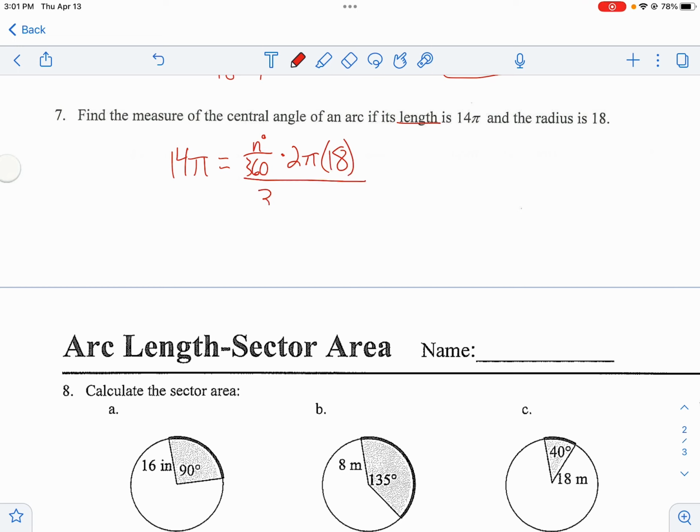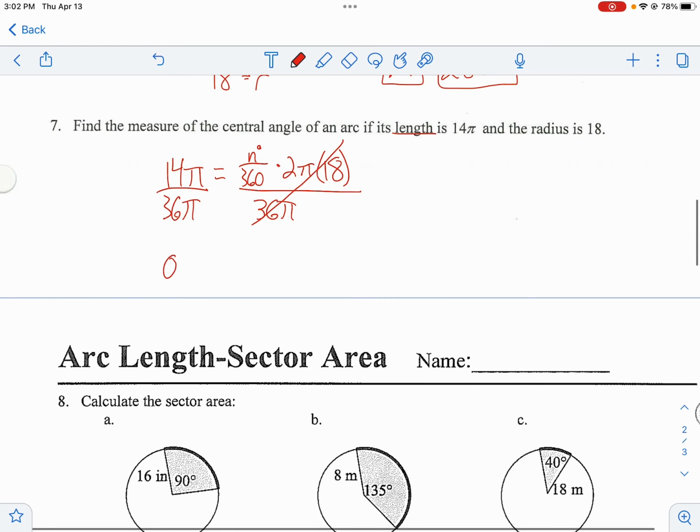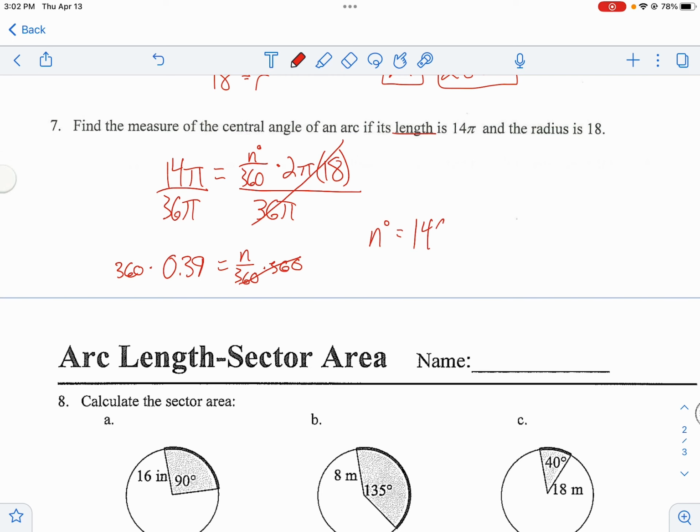So I'm going to divide both sides by 36 pi. 36 pi is just 2 times 18. That's where I got the 36 from. 14 pi over 36 pi is just 0.39, rounded, is equal to n over 360. Multiply both sides by 360. And you get 140. So n degrees is 140. My central angle is 140 degrees.